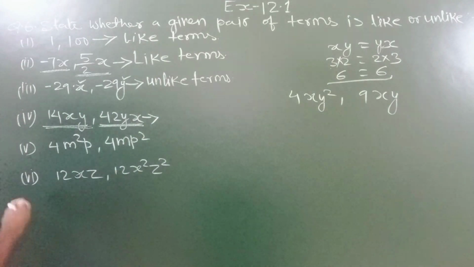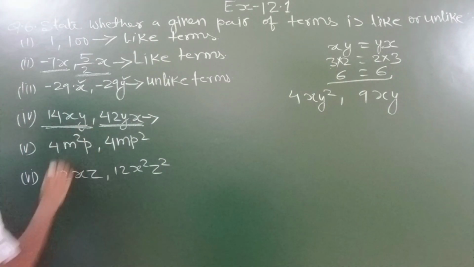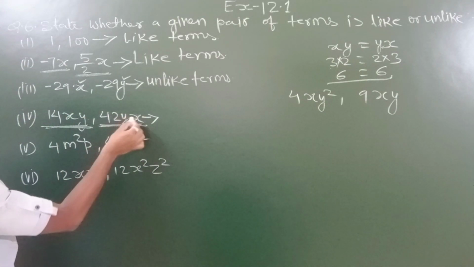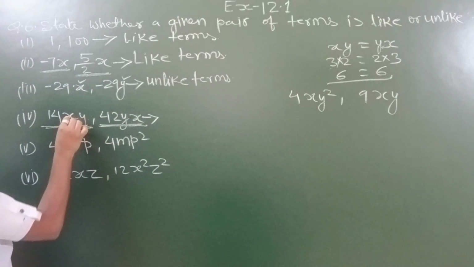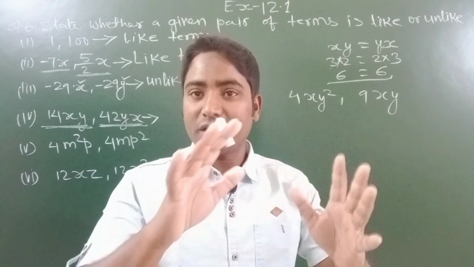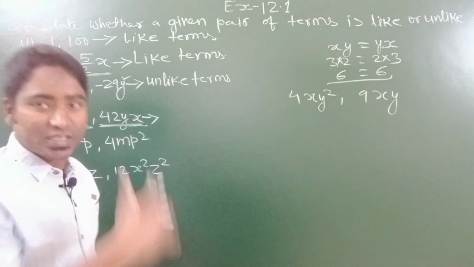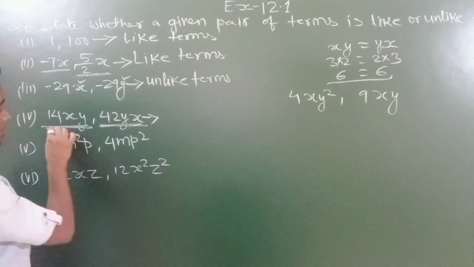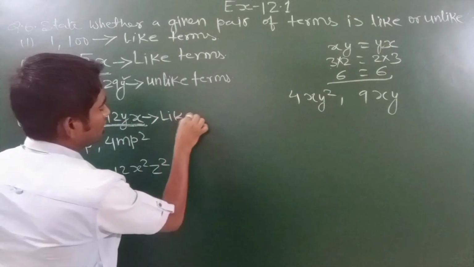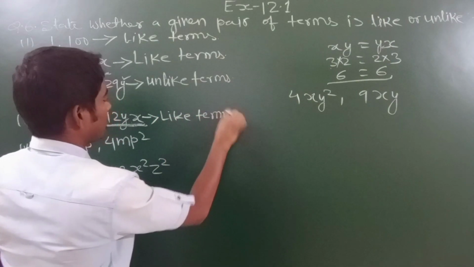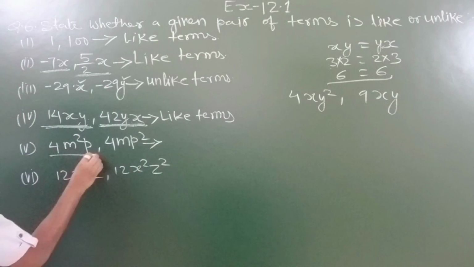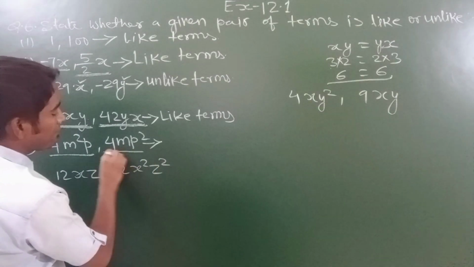Why was I telling this? Here there is 14xy and here 42yx. Both have the same variables, but here y is first and here x is first. As I told you, regardless of their order, they are equal, meaning xy is equal to yx. So both of these terms will be like terms.